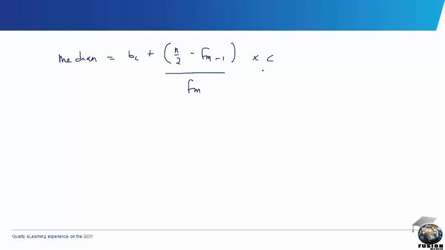Suppose we are given a total number of 50 data points. Our data n is equal to 50.